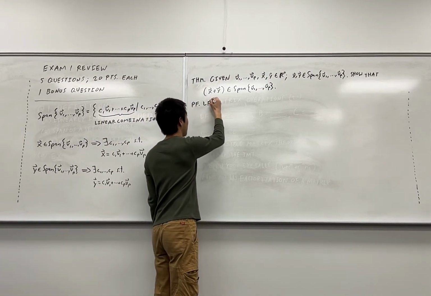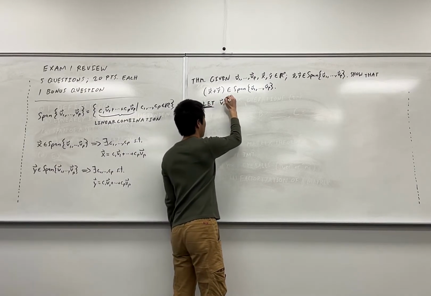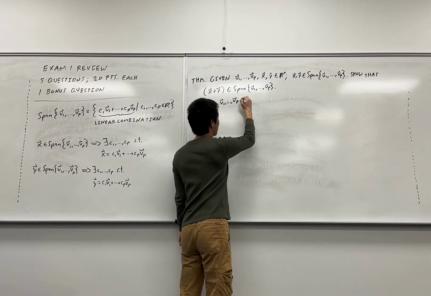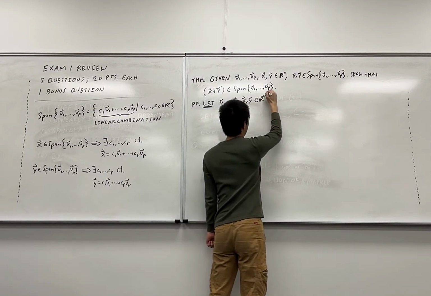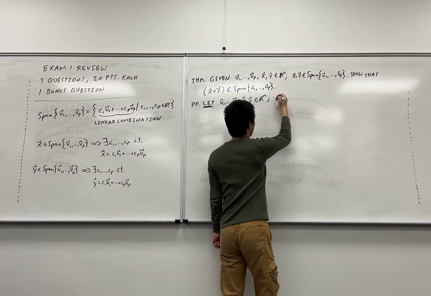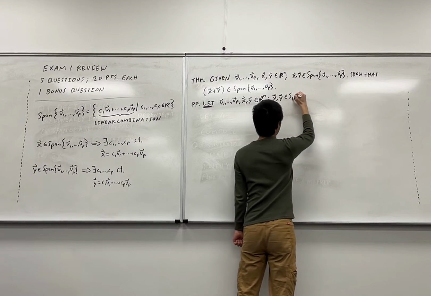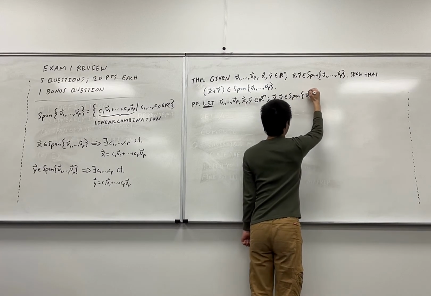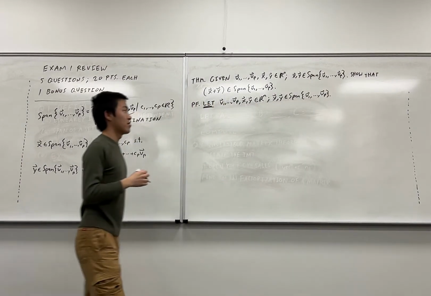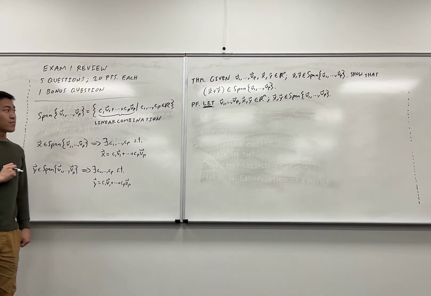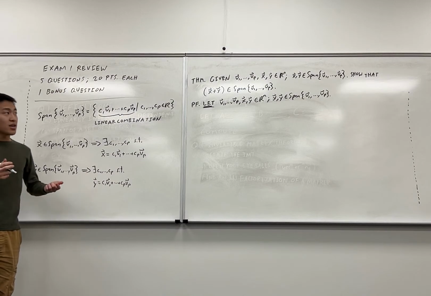I can simply say let, here's that let word, v1 through vp and x and y be in Rn, where x and y are in the span of v1 through vp. So far so good? All I'm doing at the start of the proof is articulating.